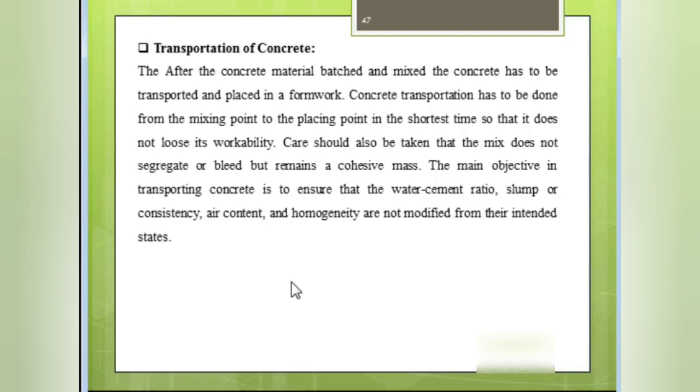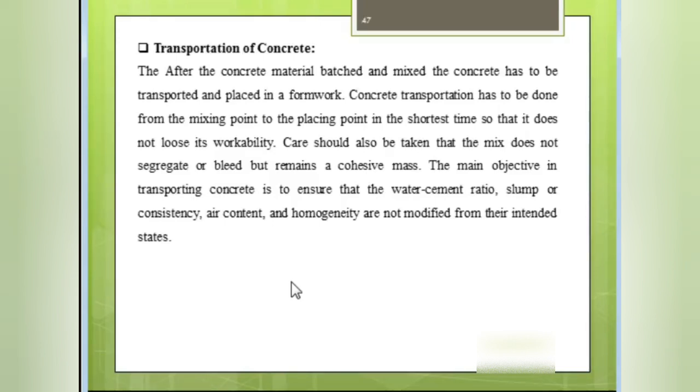Whatever the formwork, whether it is slab casting, column casting, beam casting, foundation casting, or any bridge or tunnel, you have to transport your concrete and place it. Concrete transportation has to be done from the mixing point to the placing point. As I told you, where we do not have space for concreting, we demand ready mix concrete from another place to our construction site.